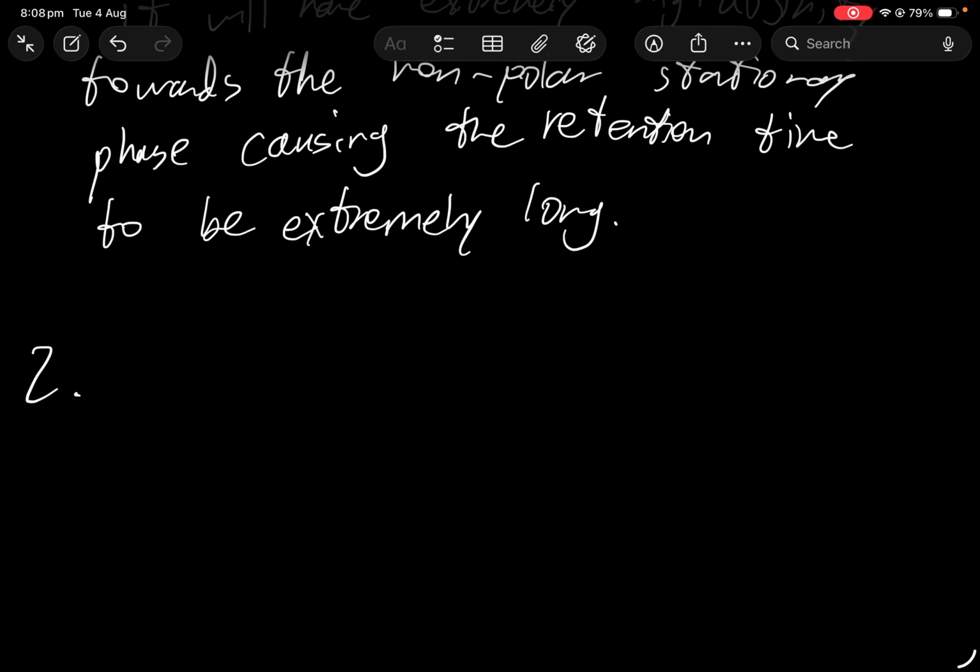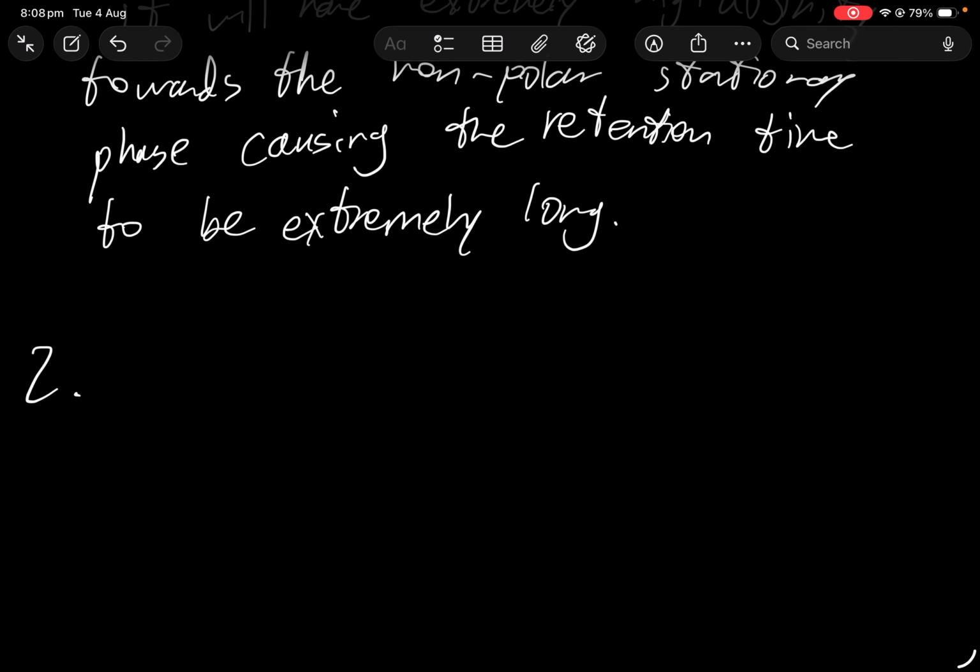Second question says, an organic chemist is using thin layer chromatography to separate a mixture. The stationary phase is a standard highly polar silica gel plate. For the first run, the chemist uses a mobile phase that is 100% hexane. They spot compound X, highly polar, and compound Y, nonpolar. Compound X has an RF of 0.05, compound Y has an RF of 0.85.